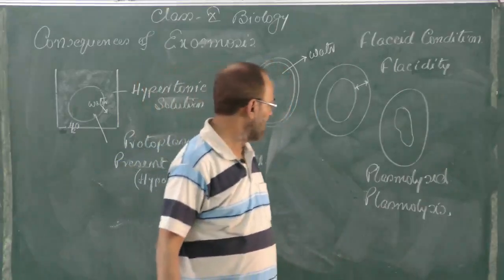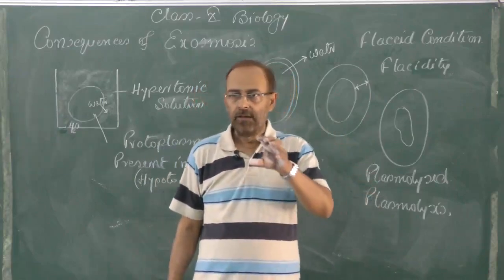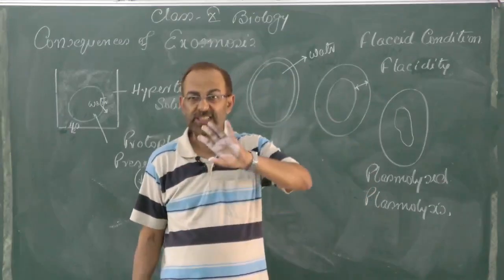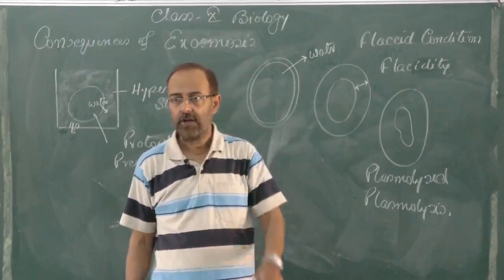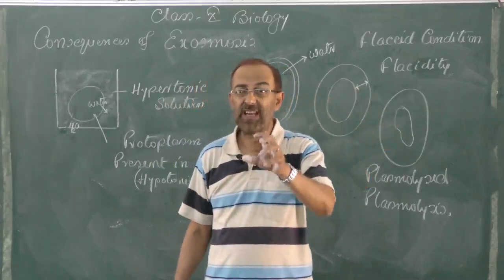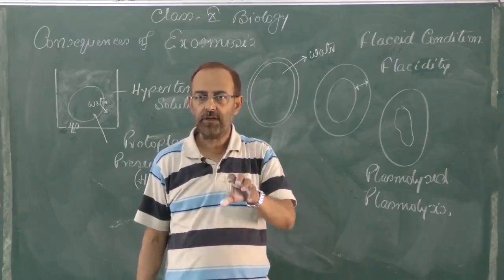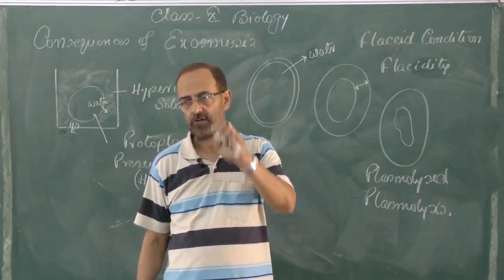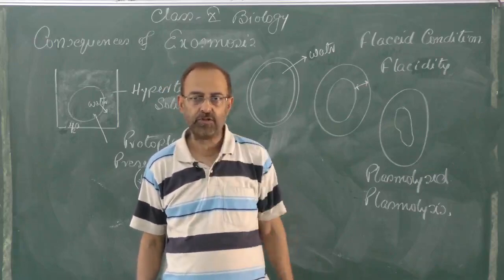So, plasmolysis is the phenomenon in which there is distortion and concentration in the protoplasmic mass of the cell due to excessive loss of water from within it due to exosmosis on being kept in hypertonic solution.